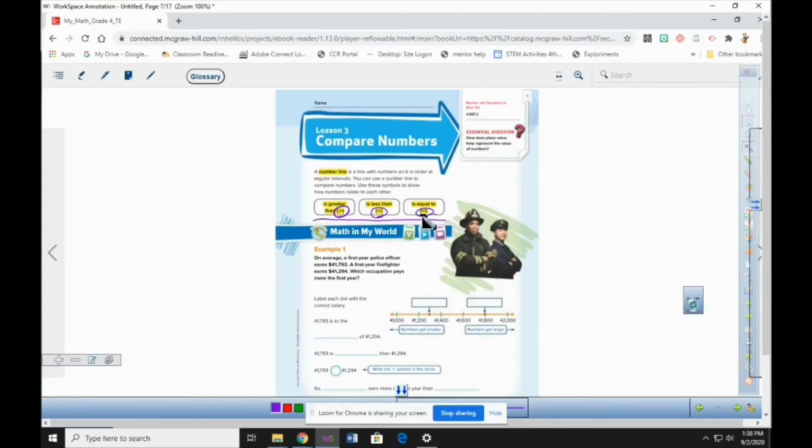So in this case, they used a number line. They put the firefighter in here, and they put the police officer here.